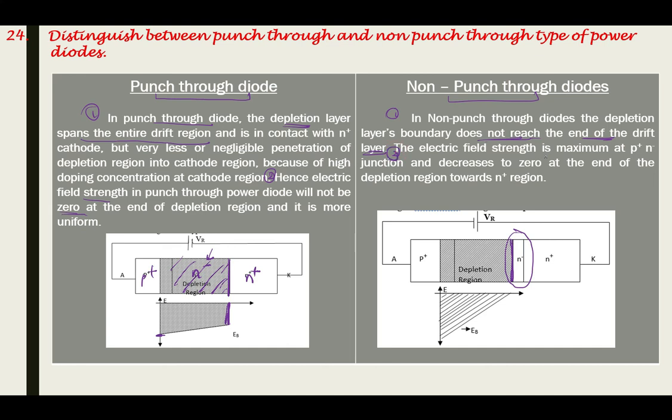The electric field strength is maximum at the P plus side and decreases to 0 in the N minus region. That is, between the border of N minus and N plus, it becomes 0. You could notice that this is a gradual decrease, but here there is no 0. It won't reduce to 0.